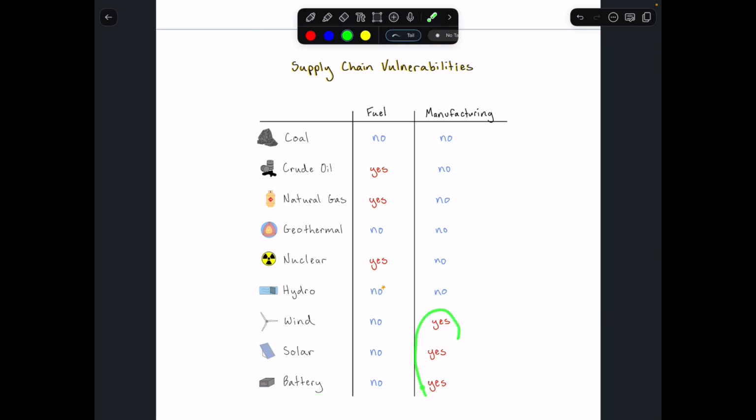So there is a very concentrated supply chain, similarly to how crude oil, natural gas, and geothermal have concentrated supply chains for their fuel resources. Okay, that is supply chain vulnerabilities.